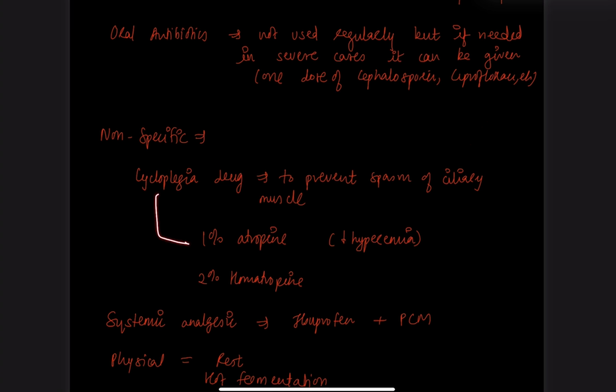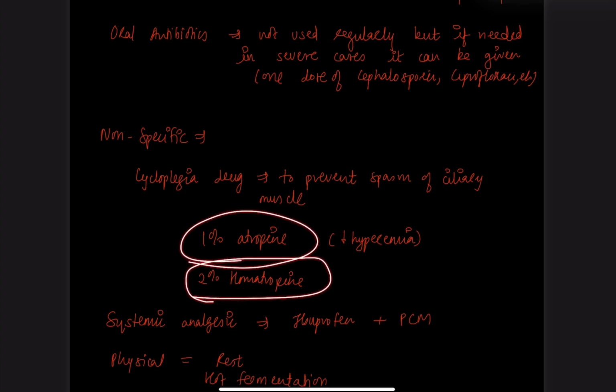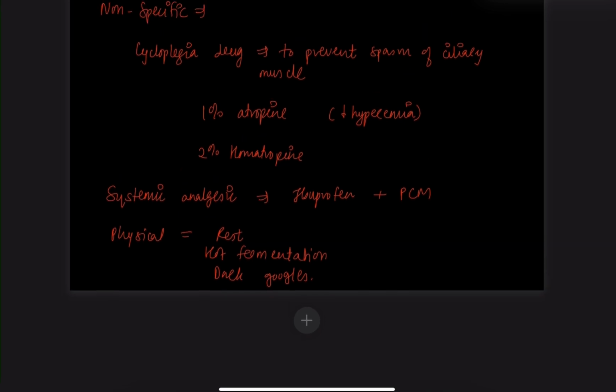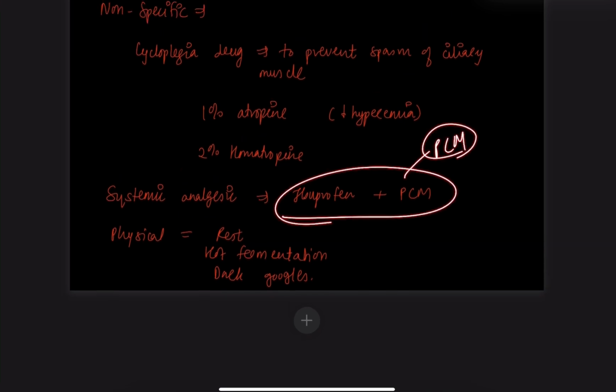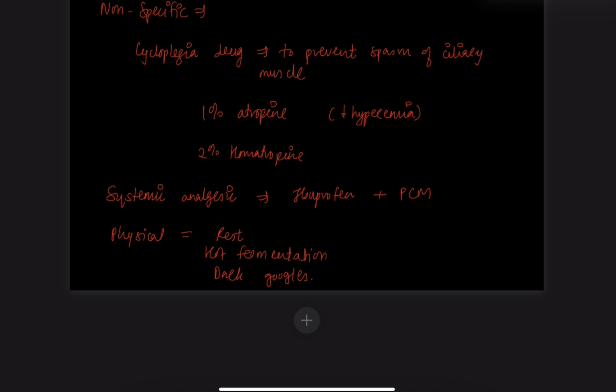So you have to use cycloplegic drugs like atropine. It also decreases the hyperemia occurring in the cornea. So 1% atropine can be given. Systemic analgesics like ibuprofen and paracetamol can be given to decrease the pain if the person is having a lot of pain.